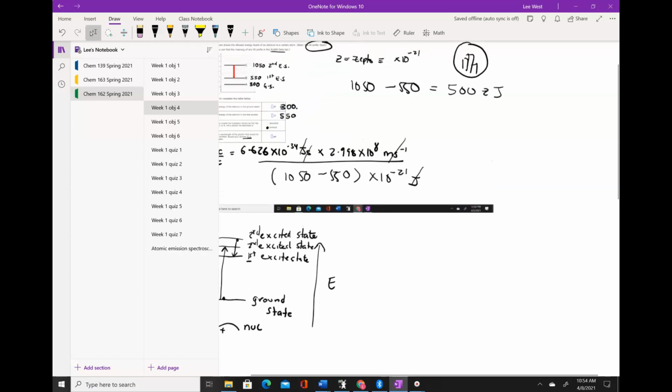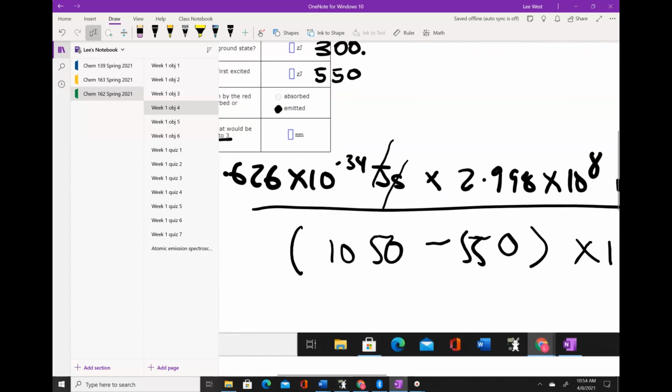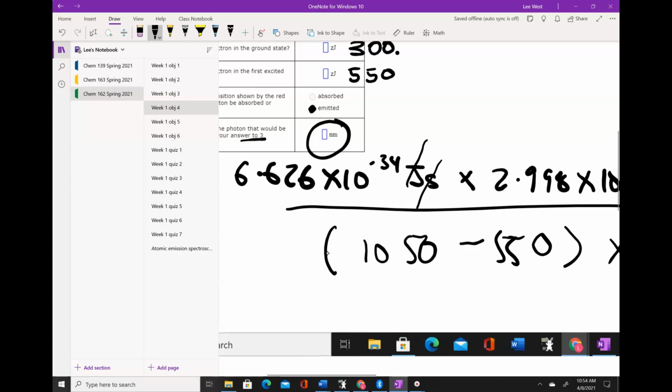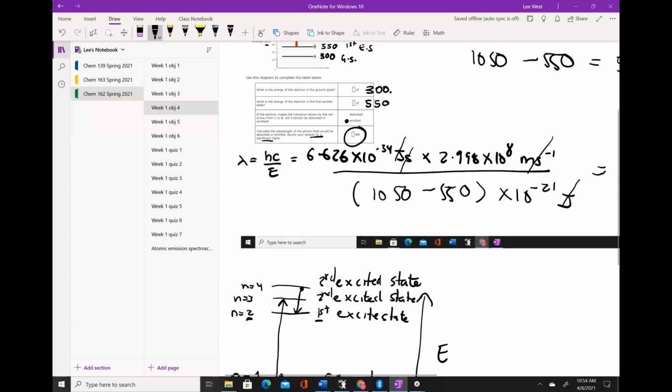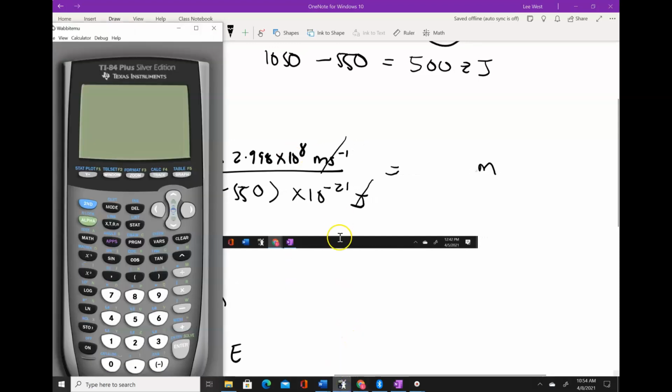All right, so put all of that into my calculator, and I'm going to get a wavelength in meters. Now, I might convert that to nanometers or something similar, right? It actually asks, oh, there you go. It asks in the problem for it to be nanometers. So we will be converting it to nanometers. All right, we'll do that in a moment. Let's just do this bit first.